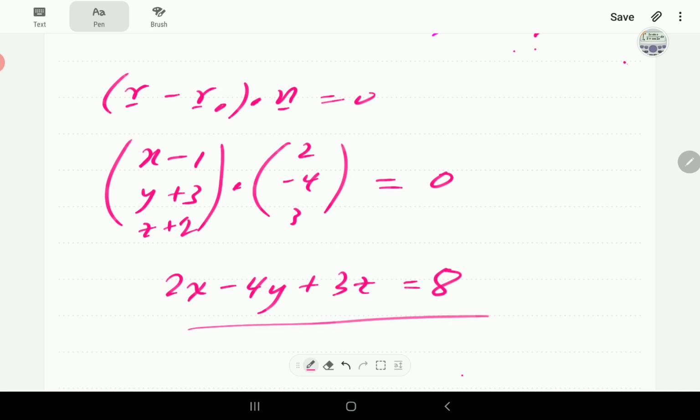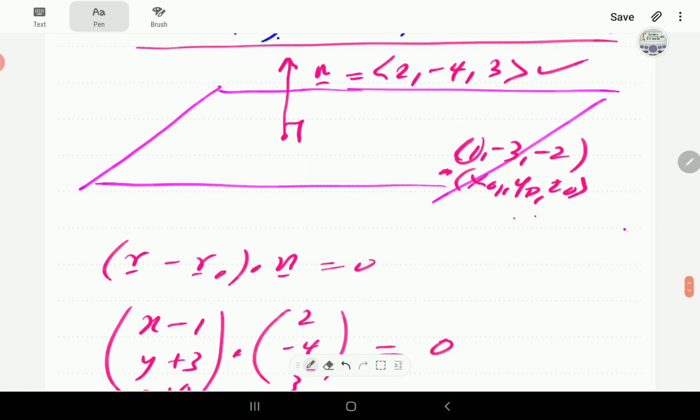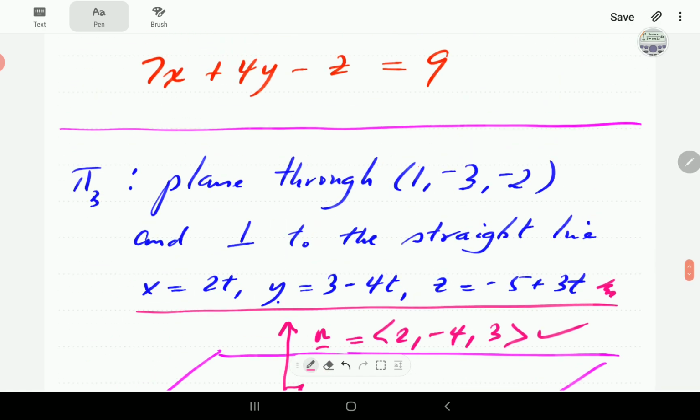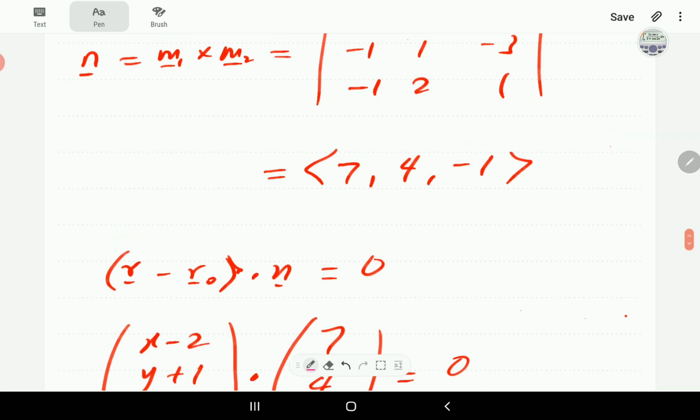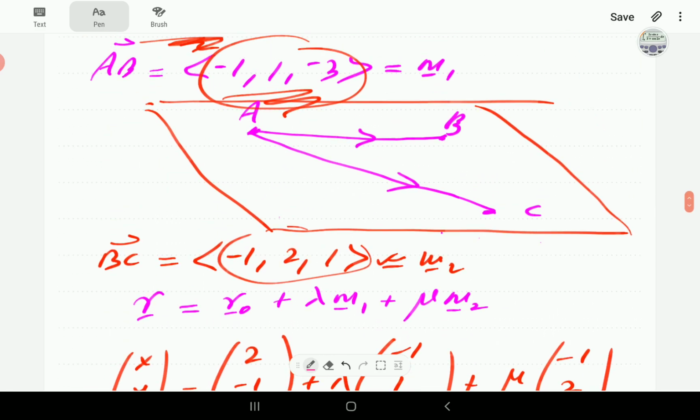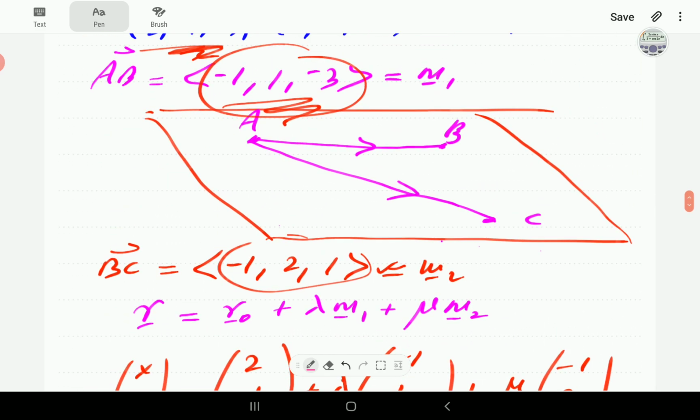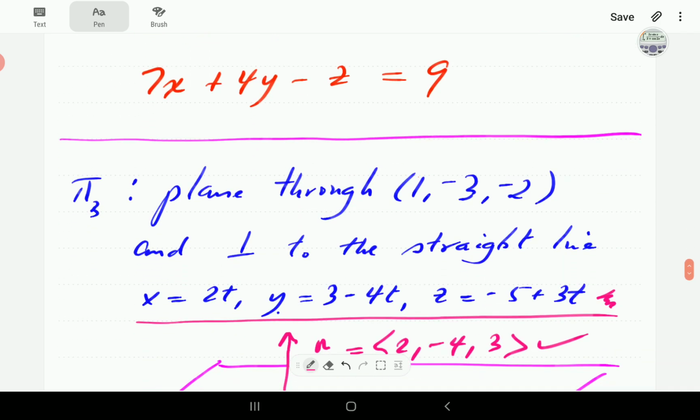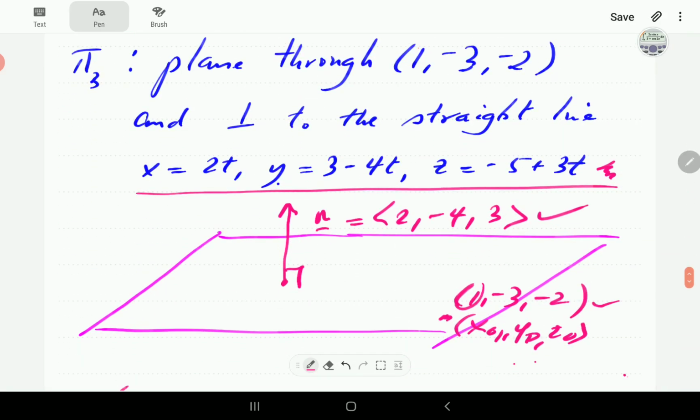So that's that. We've got the scalar form of the equation, but for the parametric form we need two non-parallel vectors. We are going to obtain these non-parallel vectors a bit like we did in the second plane where we had 3 points. For this one, we already have 1 point on the plane, so we need to get 2 other points.